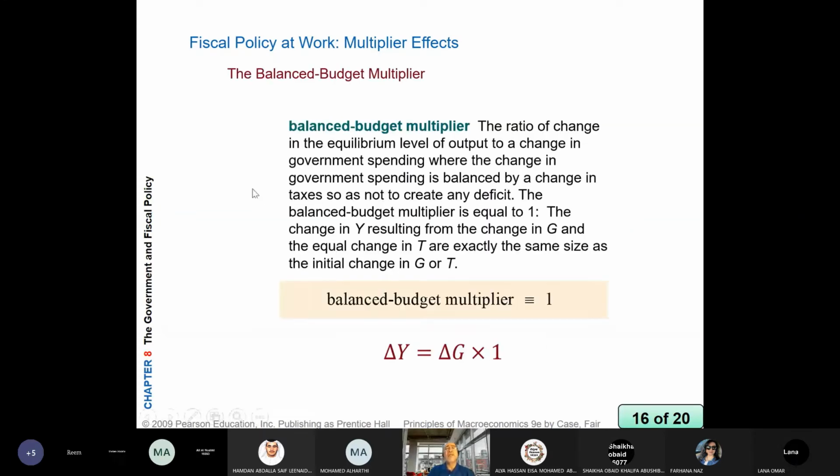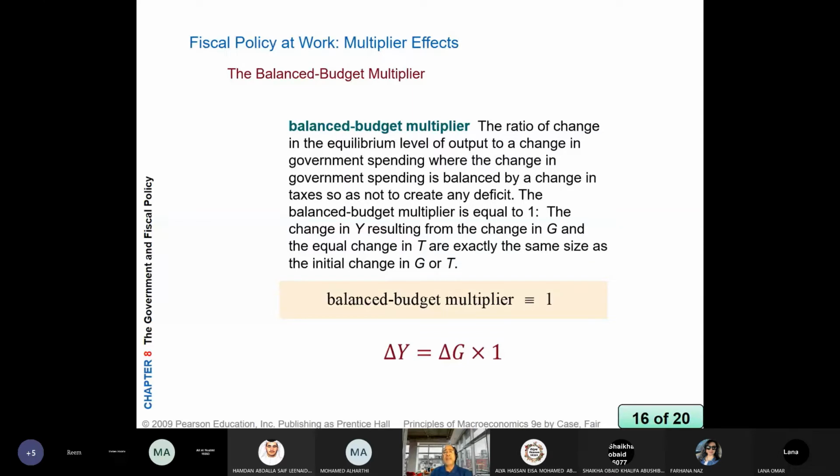So in general, if a government spending multiplier is 4, the tax multiplier will be negative and less than 4 if there is an equal change in government spending and taxes. Why?